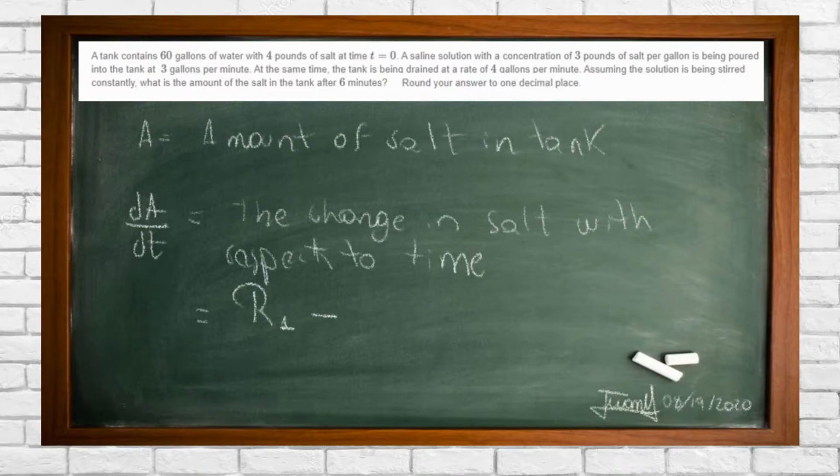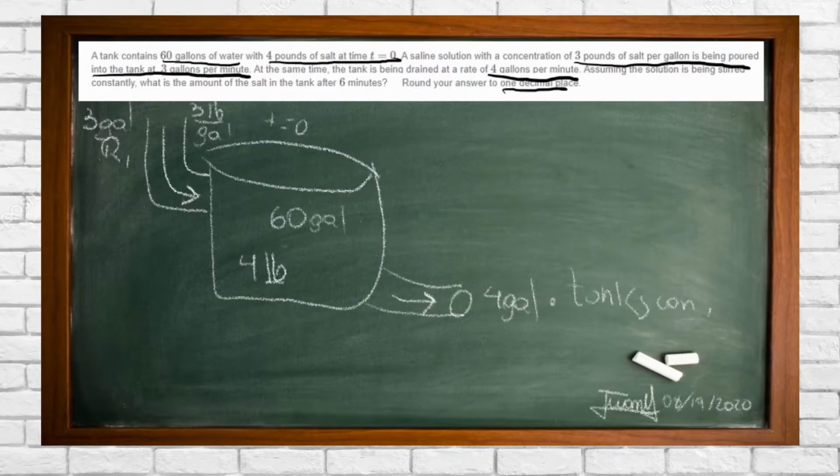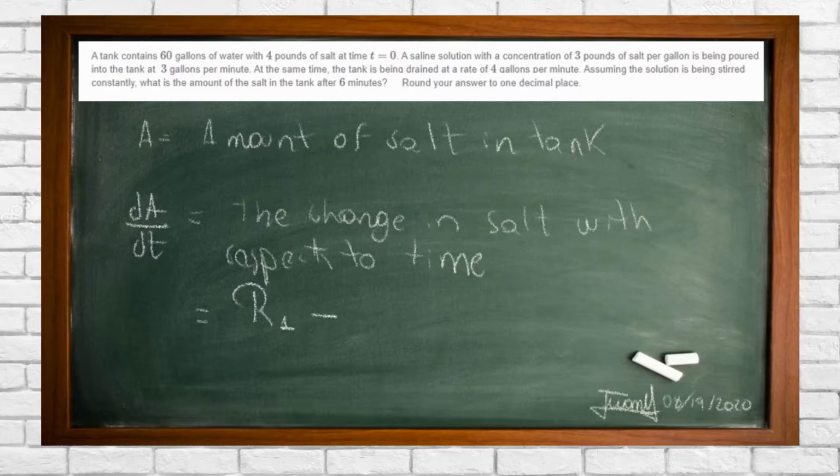We're going to define it later. The other thing we need to keep in mind is R2, which is the rate at which water is draining the tank. In this case, 4 gallons per minute times the tank's concentration. So let's go back in there. We have that dA/dt is going to be equal to R1 minus R2.